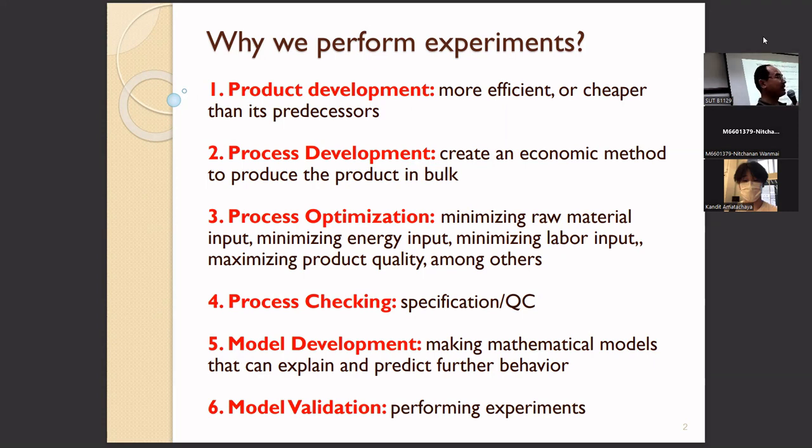And the second, if you would like to produce a new product, that means you have to find the process for how to produce this product. You have to develop the process, and there are many ways to develop your product. You have to choose the way that is economic.